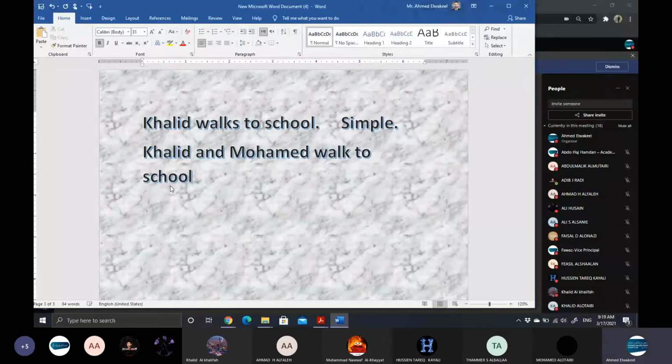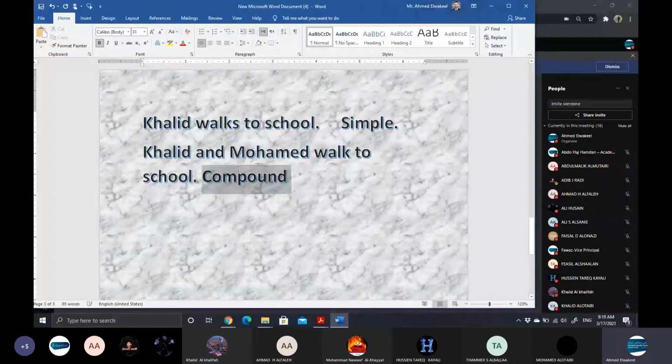Like this? Yes. So this sentence is what, Khalid? It is a compound sentence.